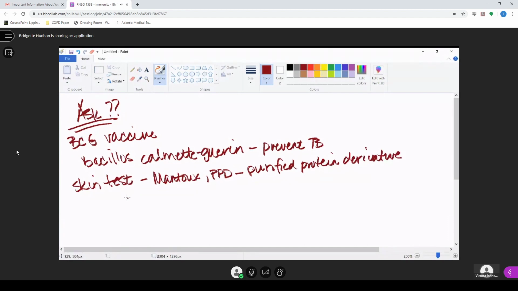They're going to have a false positive, and the false positive on their skin is due to the fact that they've already been exposed from the vaccine. So for this individual, we can't necessarily go with the false positive. They need to go ahead and get the chest x-ray.